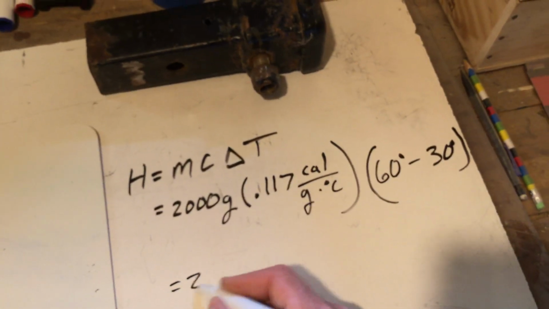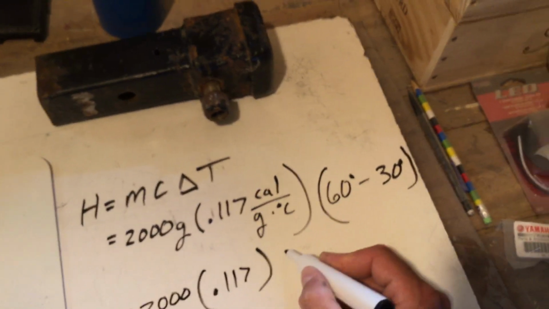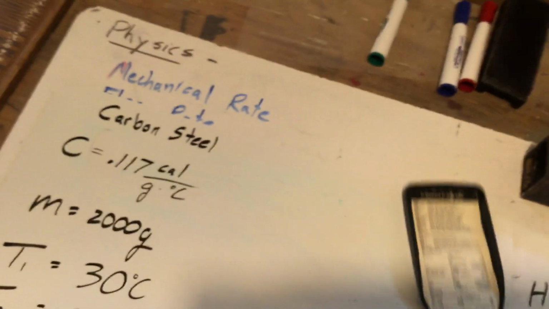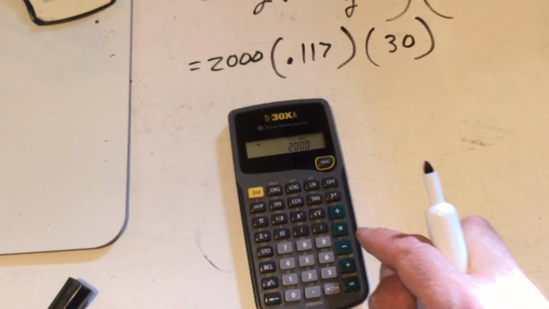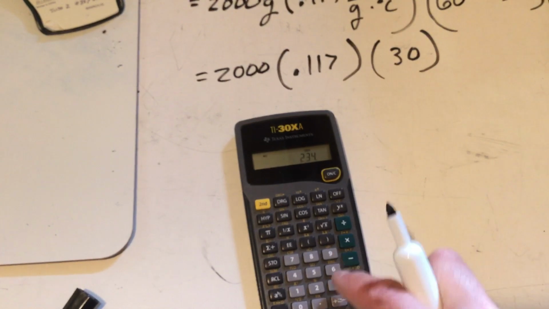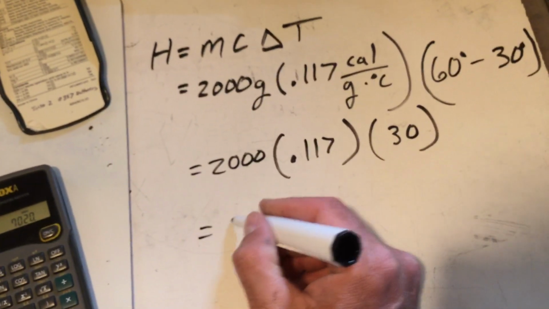So we're going to have 2,000 times 0.117, and we're going to times that by 30. Okay, so let me get my handy dandy calculator fired up here, and we'll see what this gives us. So 2,000 times 0.117 times 30 will give us 7,020.